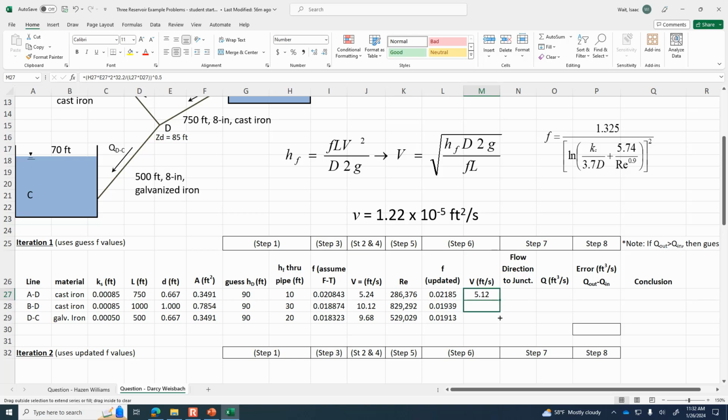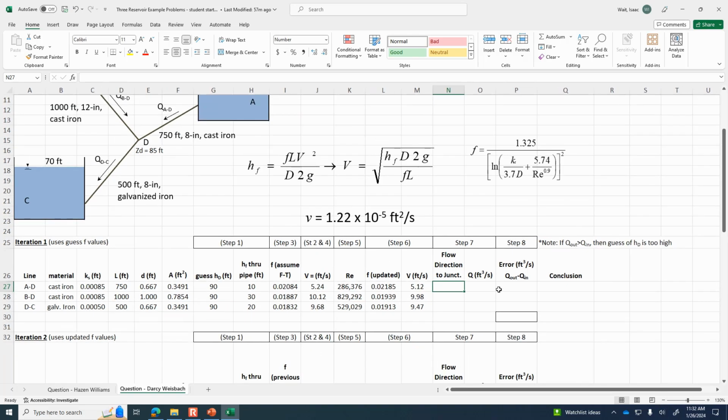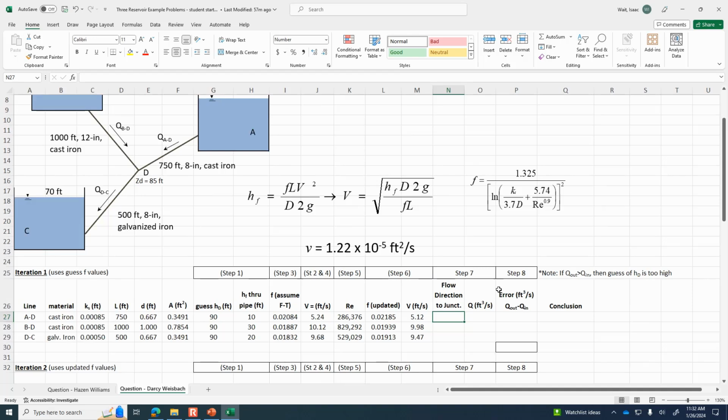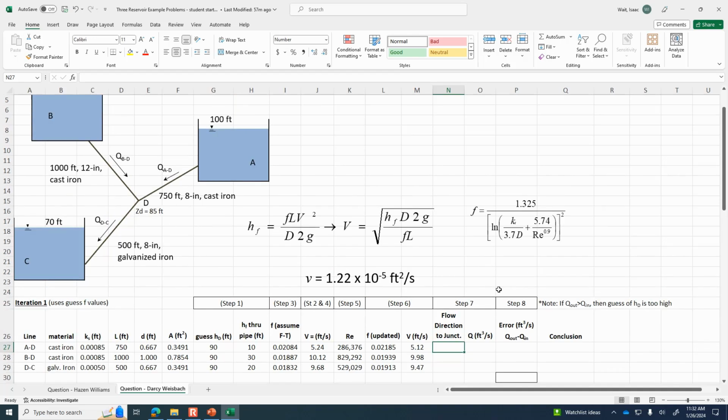You can drag it down and find the velocity through the other pipes. Now we have to label what is an inflow and what is an outflow, because we're going to be calculating the flow balance here in just a minute. So with the H value that I assumed at D, water is coming into the junction from pipe AD.